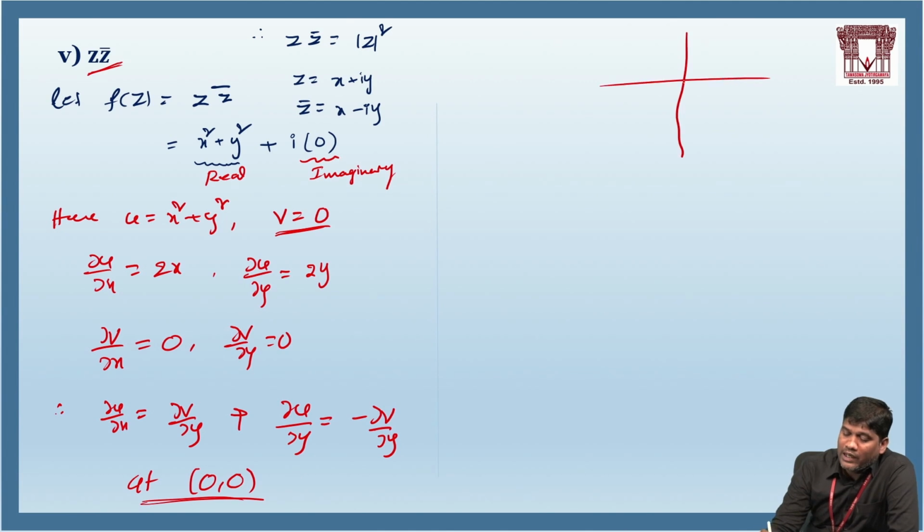This function is differentiable only at the origin. It is not differentiable in this neighborhood, so that this function z into z bar is not analytic everywhere.